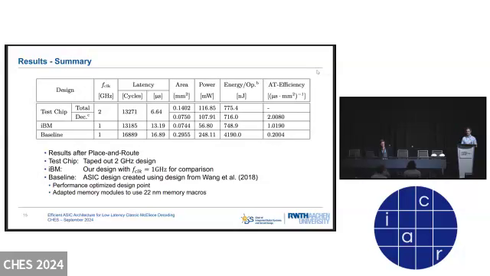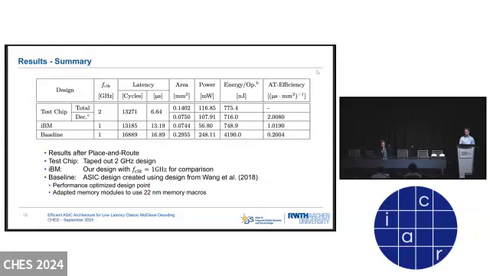We took this design and the performance optimized design point and only exchanged the used block RAM macros for appropriate SRAM macros from the 22 nanometer memory library. When comparing both designs at 1 gigahertz, we can see that our design requires significantly fewer cycles for decoding operation, but at the same time only occupies a smaller area footprint and requires lower power dissipation than the baseline design.